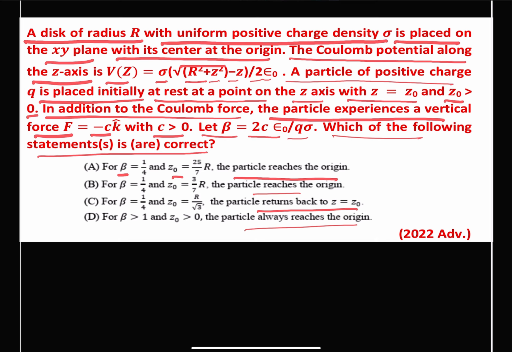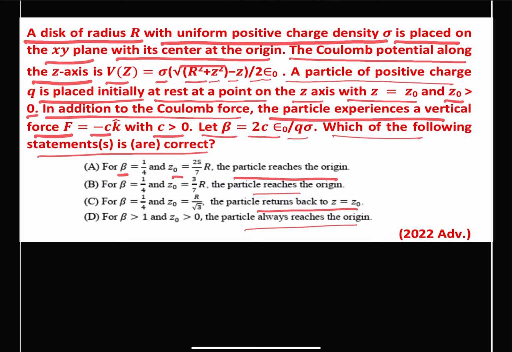So if the energy at the origin is less than the energy at our z naught, it is going to reach the origin. If it is reverse, then it is going to return to its original position. So we have to find out the difference in the energy. So let's find out.